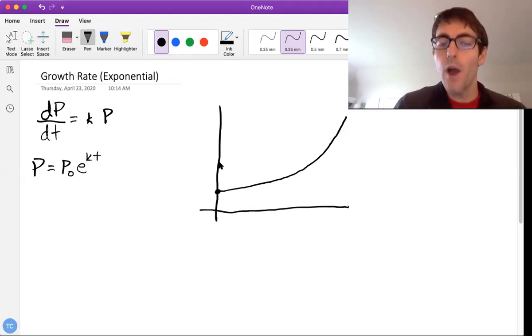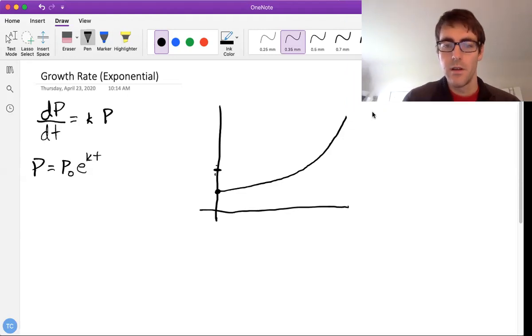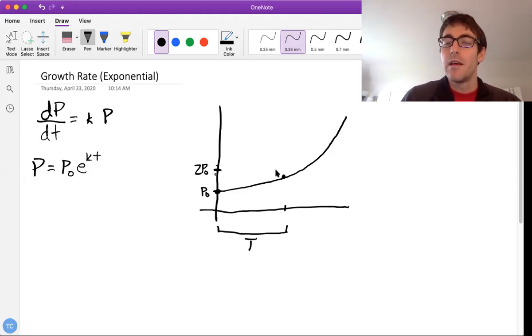So a property of exponential growth is that however long it takes for the value of the function to double, notice that if we started with our initial population here, the time it takes to get to twice what it originally was, whatever this time interval is, I'm going to call this capital T, that same time interval is going to double it again.